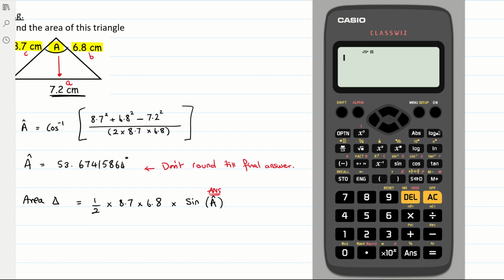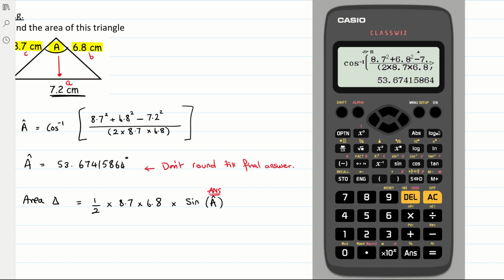I'm going to just show you that it's the same thing. So if I put this again, 8.7 squared plus 6.8 squared minus 7.2 squared over 2 times 8.7 times 6.8. Just do it again.